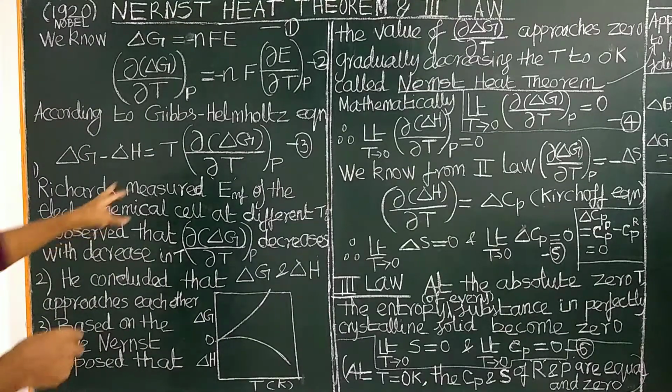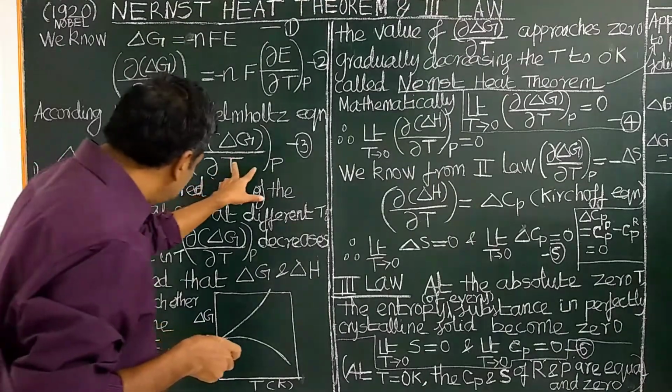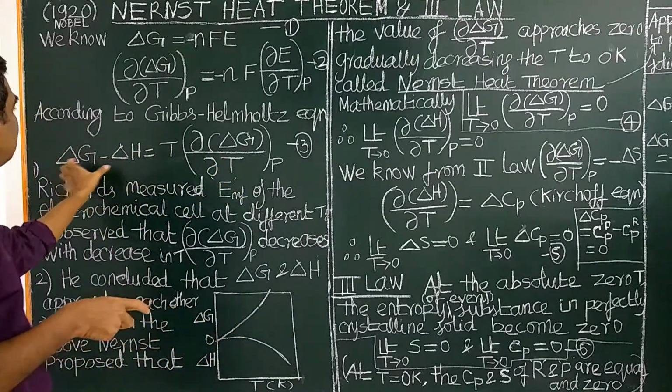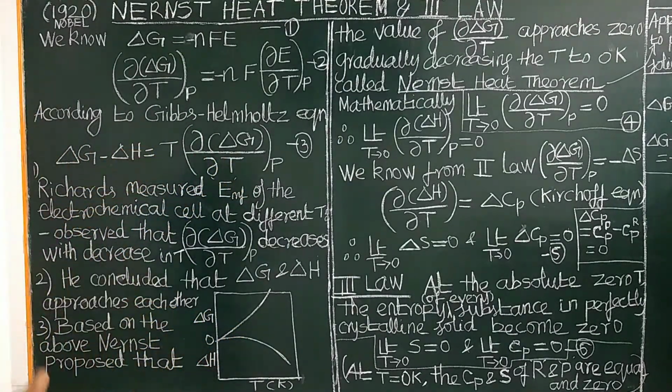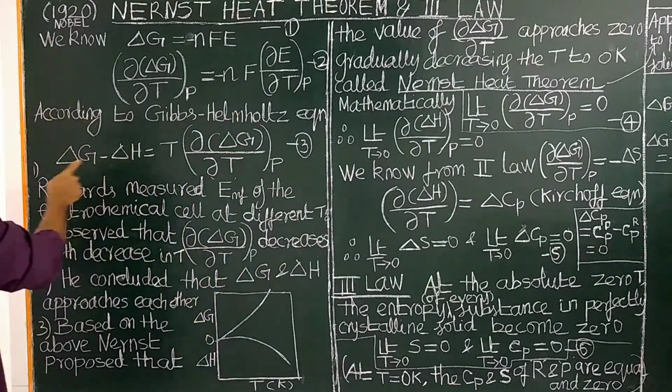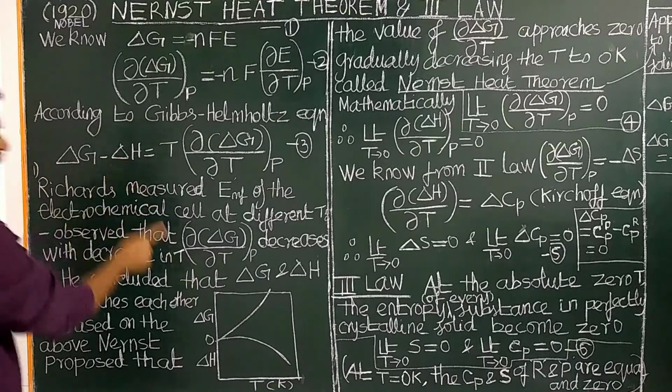So if this is decreasing, the difference between delta G and delta H is also decreasing with the decrease in temperature.